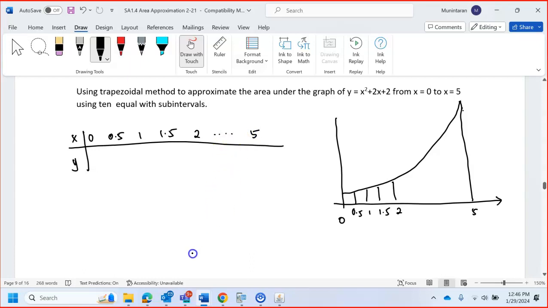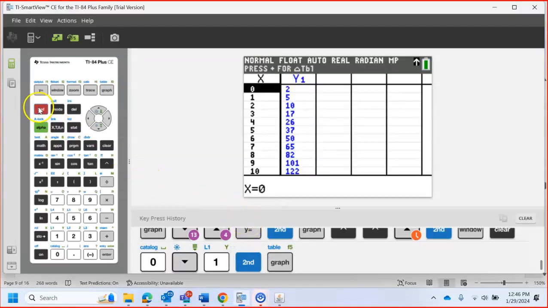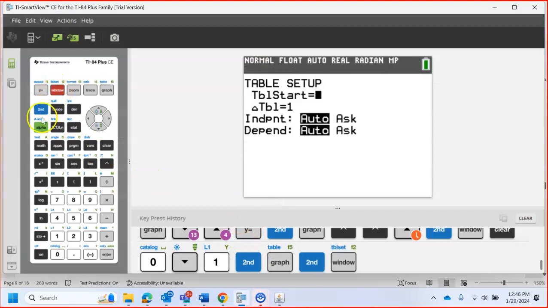For the GC, it's simple. You go to the second window. You can see the triangle. Triangle means delta, the change in every unit. Make it either fraction or decimal, it is up to you.